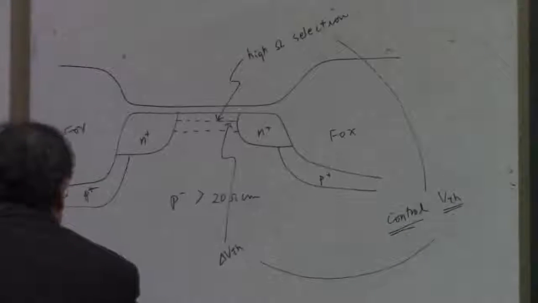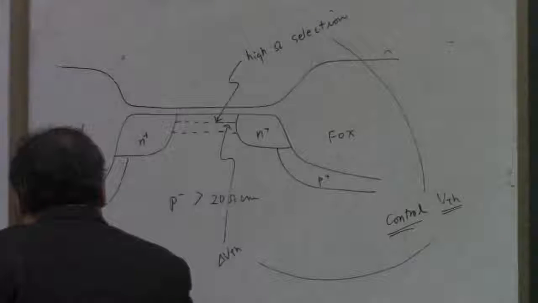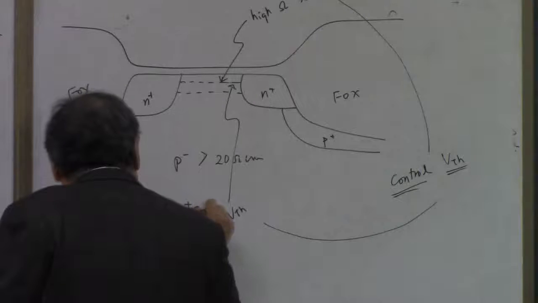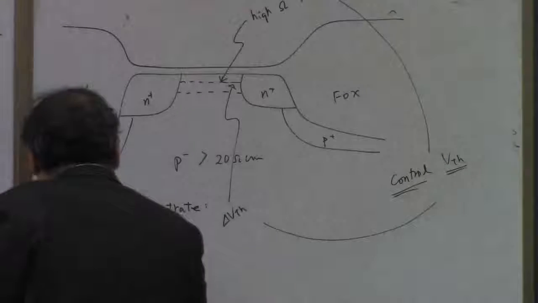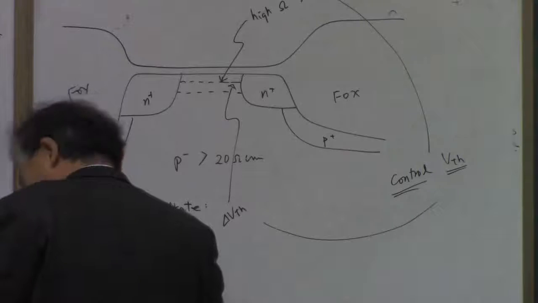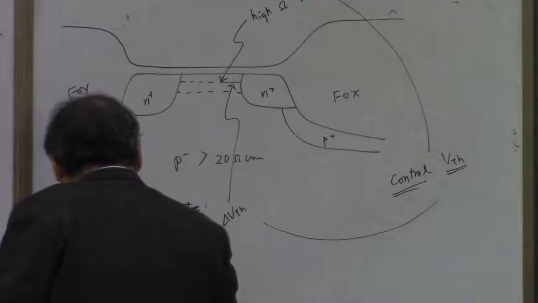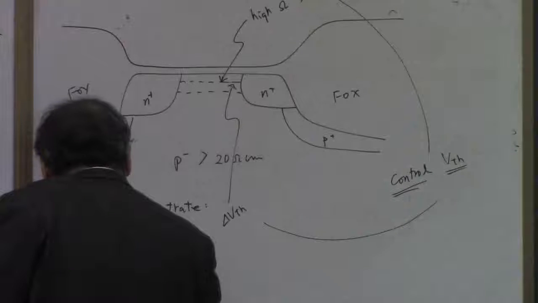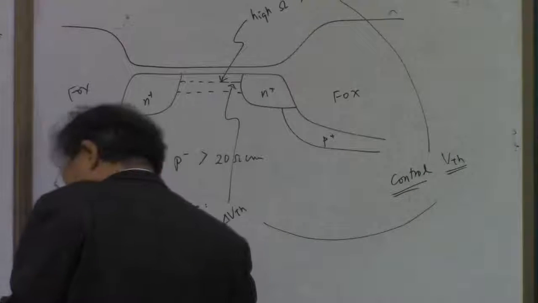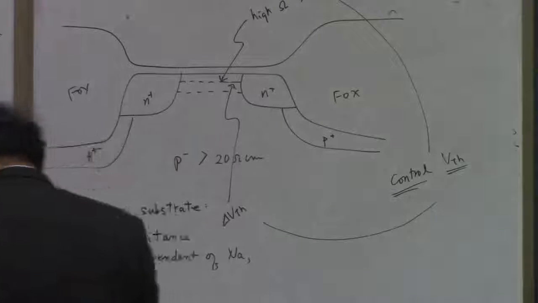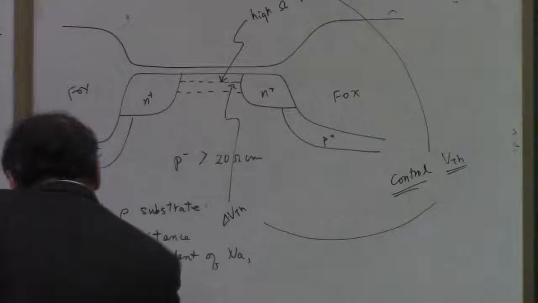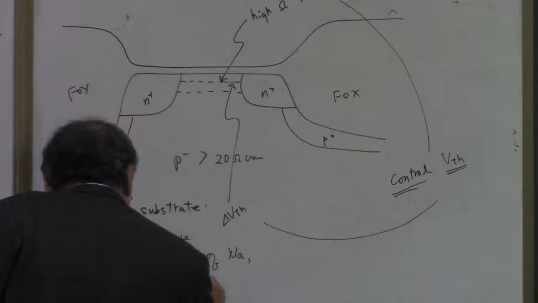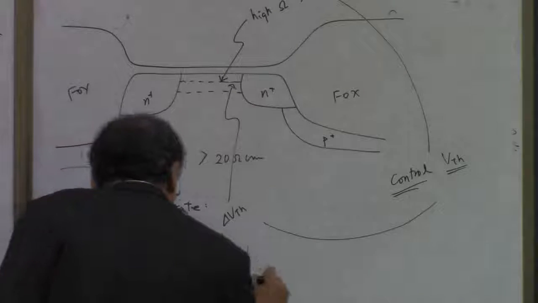So this compromise can be summarized like a high resistive substrate, and this high resistive substrate will give you low capacitance, threshold voltage independent of substrate doping, and good back-gate bias sensitivity.